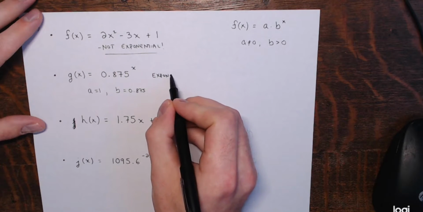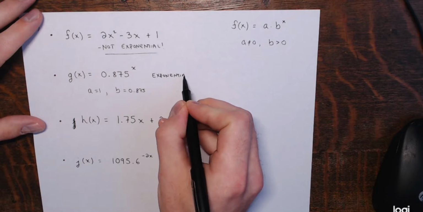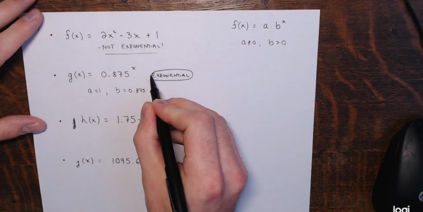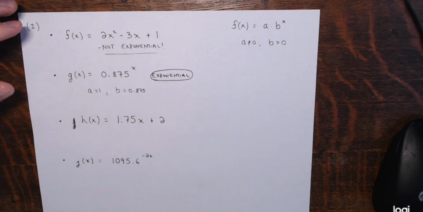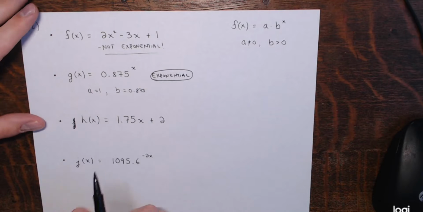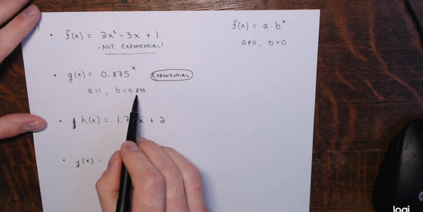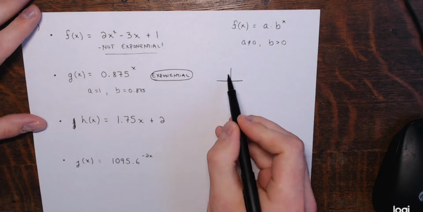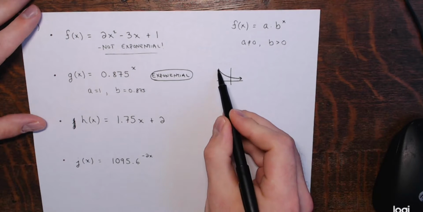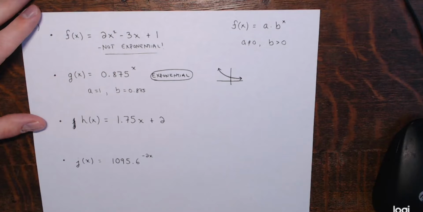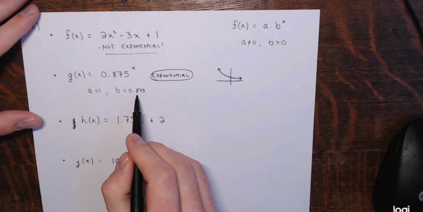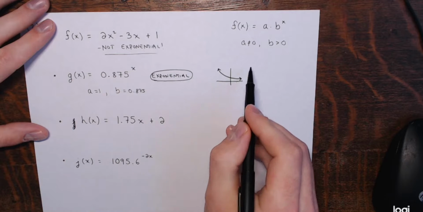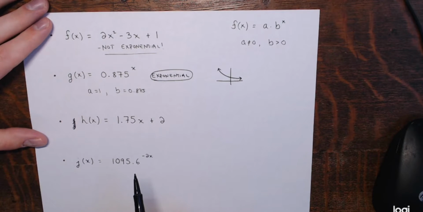If you were to look at a graph of this, you'd have domain all real numbers, range all positive numbers, and the x-axis as a horizontal asymptote and all that. And since a is positive and b is less than 1, the graph will be decreasing from left to right. When a is positive and b is bigger than 1, you've seen that it's increasing from left to right.